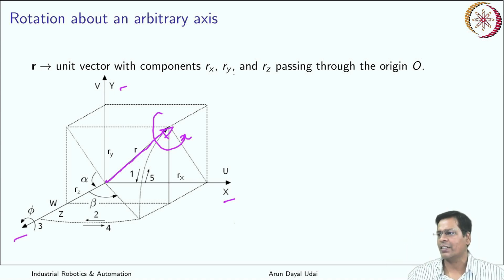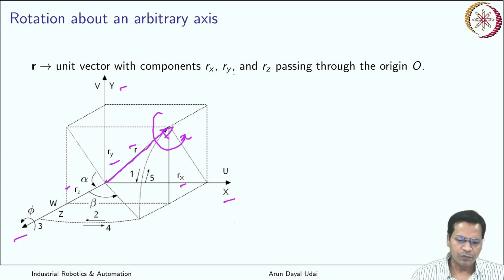Rotation by an angle, let's say theta, about a vector which is r. r is a unit vector, and the projection of r along x is rx, along y is ry, along z it is rz. So you can create a geometrical cube like this of dimensions rx, ry and rz for the three orthogonal directions.